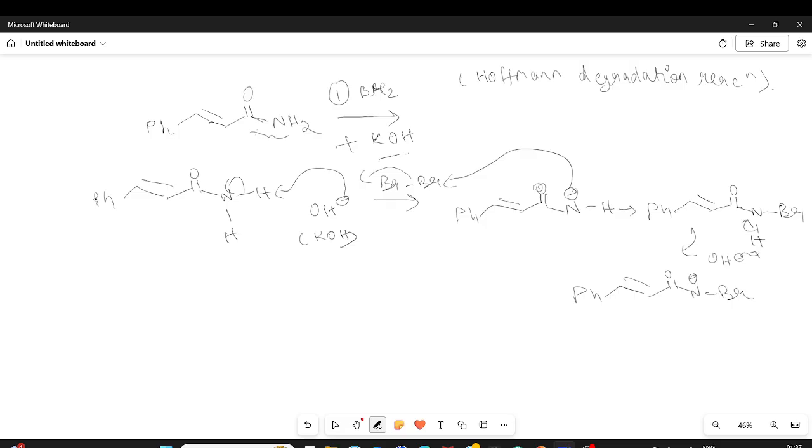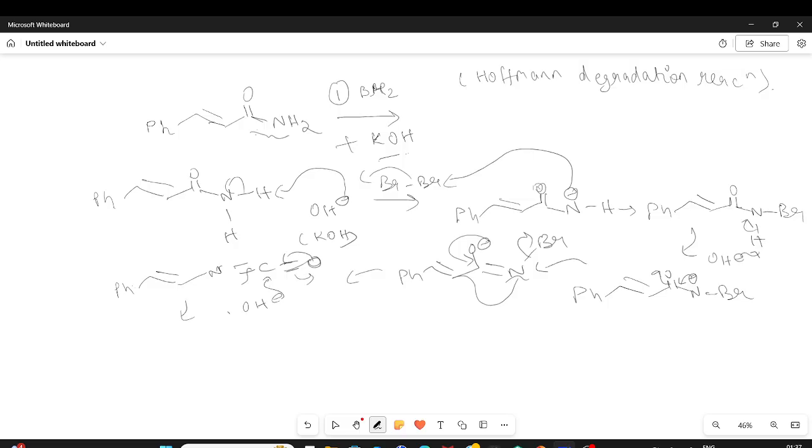So this can undergo some kind of a rearrangement, and when it comes here, this entire thing can shift here, and this can go here. You basically get something similar to an isocyanate intermediate. And after that, this can further undergo attack like this.